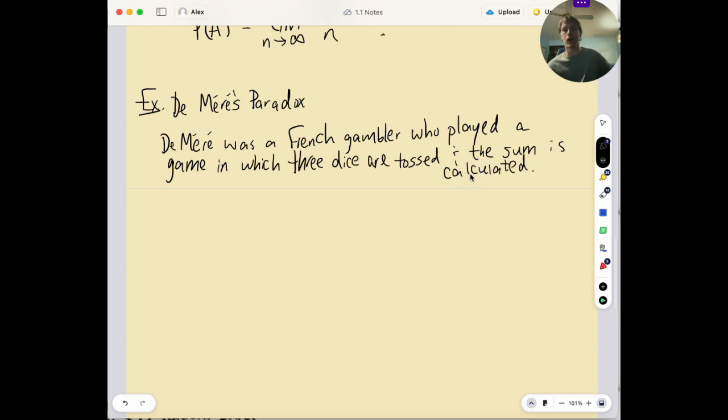Okay, so for example, if I roll 3 dice and I get a 2, a 1, and a 1, well, then I add those together and my result would be 4.